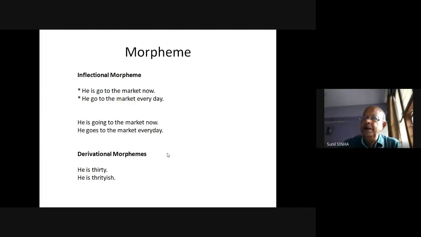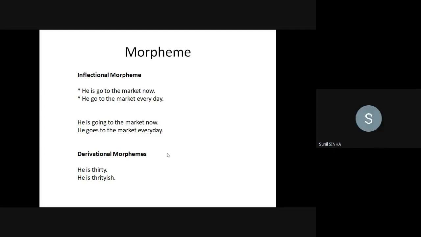Right. Now, derivational morpheme. What is a derivational morpheme? Look at these two words. He's 30 and he's 30-ish. When I say he's 30, what is the meaning of 30? 30 means 30. It cannot mean less than 30 and more than 30.